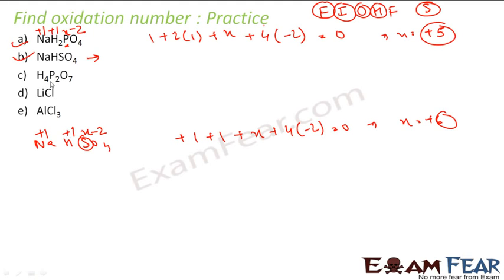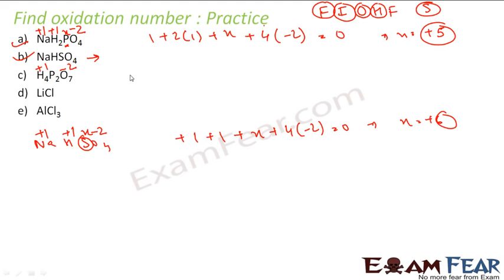Then we have H4P2O7. Let's apply the same rules. First rule, free element, we can't apply, it's not a free element. Ion we can't apply, it's not an ion. Oxygen we can apply, so oxygen is -2 here. Then hydrogen we can apply +1. So we have only one variable now, X, so we can just directly apply the sum rule.